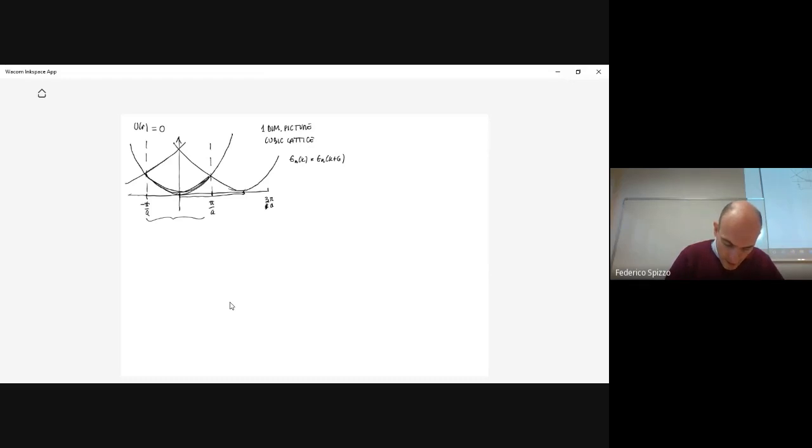Then I have these two branches that come from what happens in the second zone, one to the right and one to the left. Then I have additional branches up here that are related to what happens in a third zone, and so on.